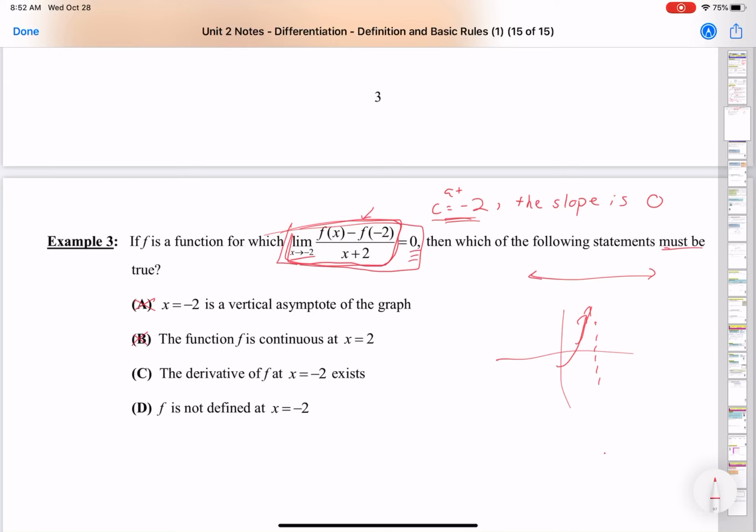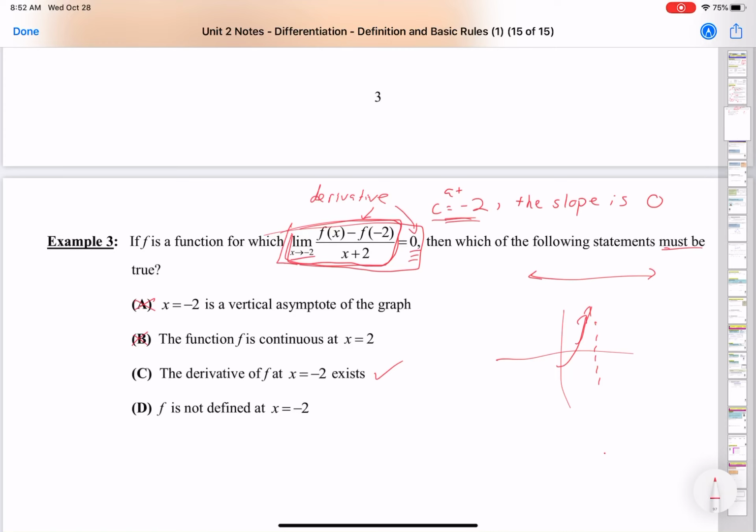The derivative of f at x equals negative 2 exists. Well, this thing right here, this is, we just said, called a derivative. And we said it's equal to 0. So if it's equal to 0, it must exist. So that seems like it must be true to me. The derivative, if we know what it's equal to, it definitely exists. But just to be safe, let's check choice D. F is not defined at x equals negative 2.